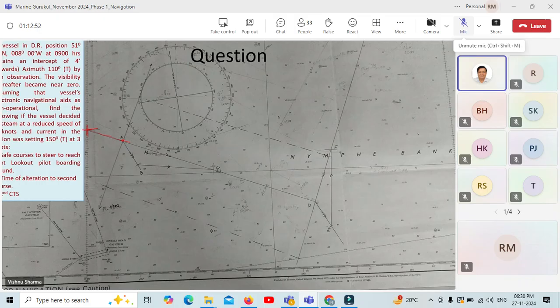This is the ITP. And this is the first PL he has drawn. Somebody like you from the previous batch shared this. Then the pilot boarding ground is somewhere on this side, guys, up north.